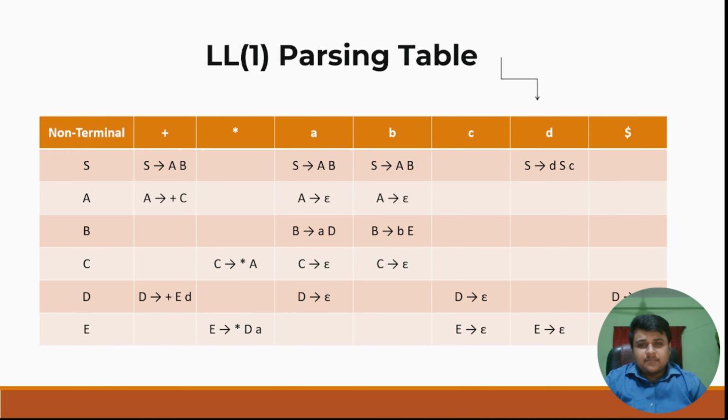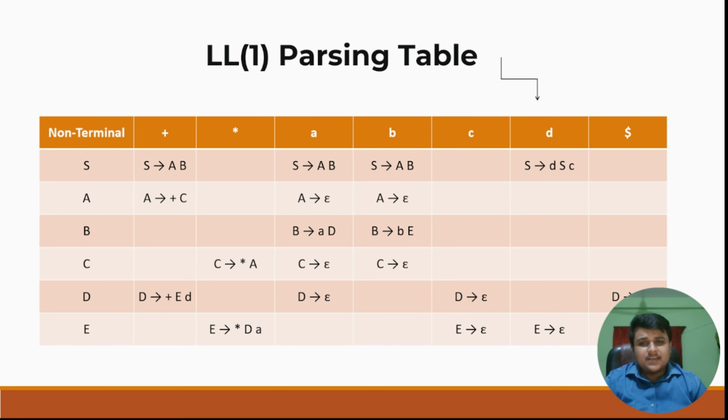For S derives AB, first of AB is plus, a, and b. So we have S derives AB in columns plus, a, and b. Next production is S derives DSC. First is D. So we place S derives DSC in column D. Next we fill entries for A. A derives plus C. First is plus.